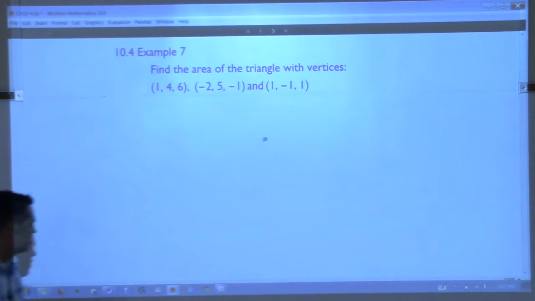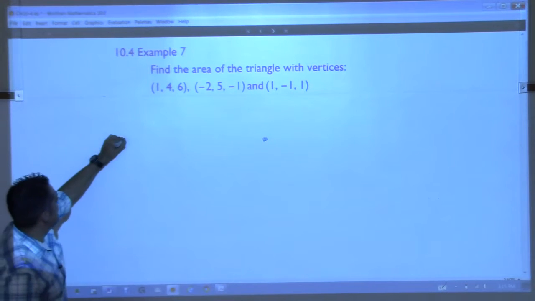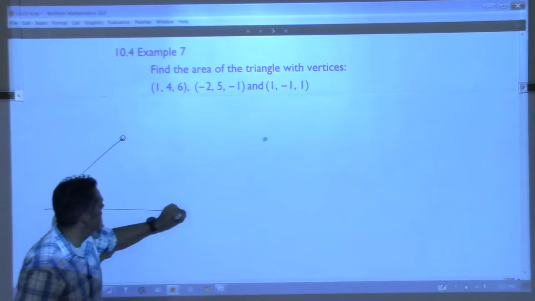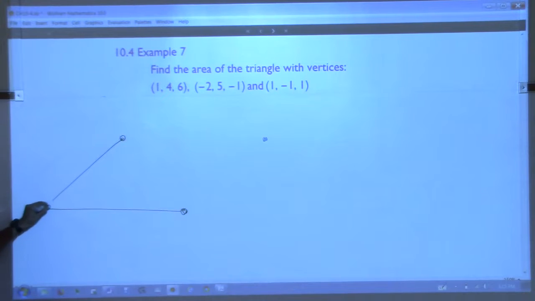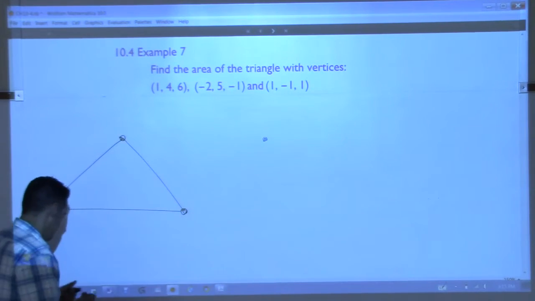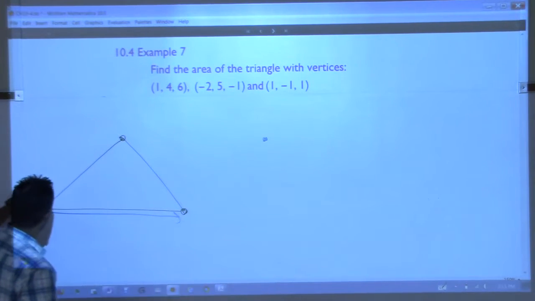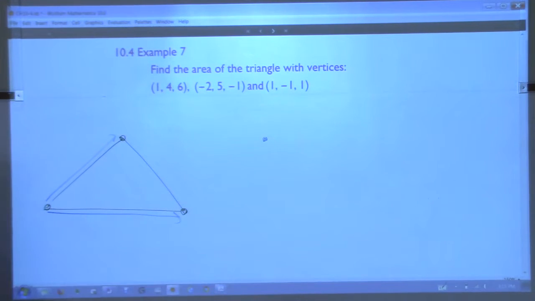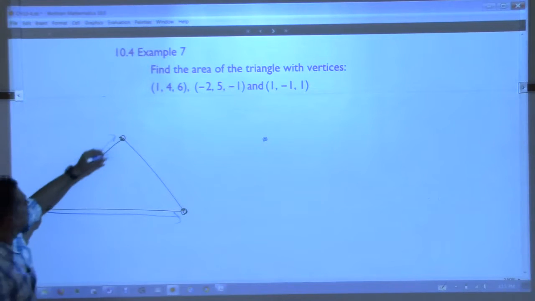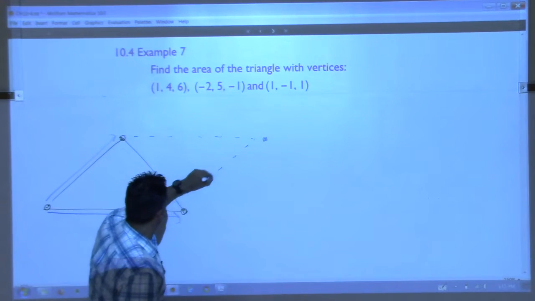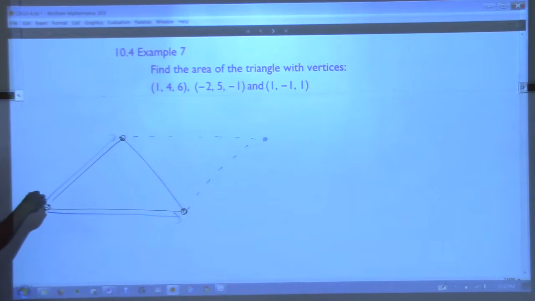What the previous note says is that if you give me 3 points, doesn't matter where they are, I create a vector going from here to here, and then another vector from here to here. Then I can find the area of the parallelogram formed by those vectors by just crossing them and finding the magnitude.